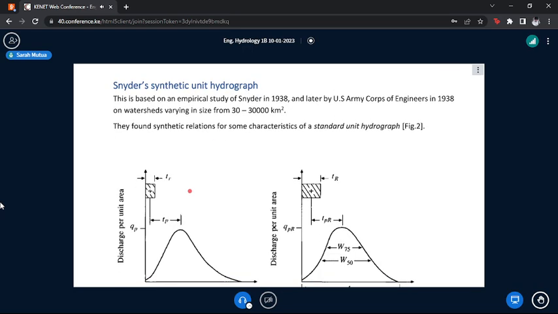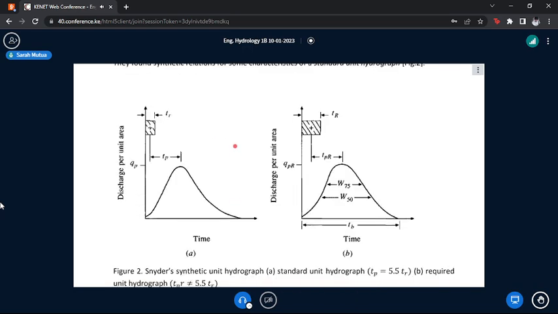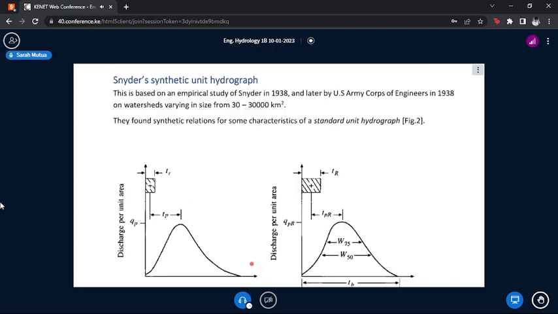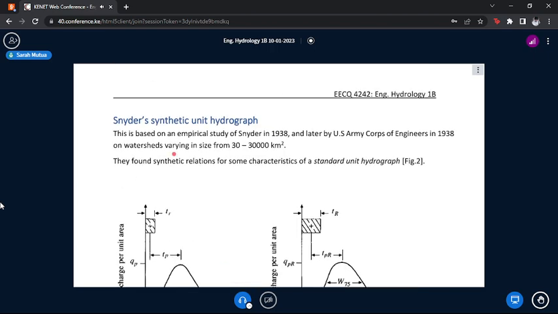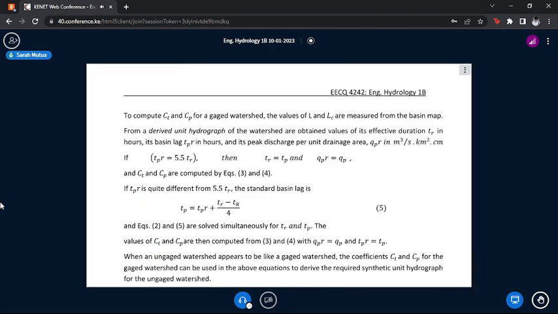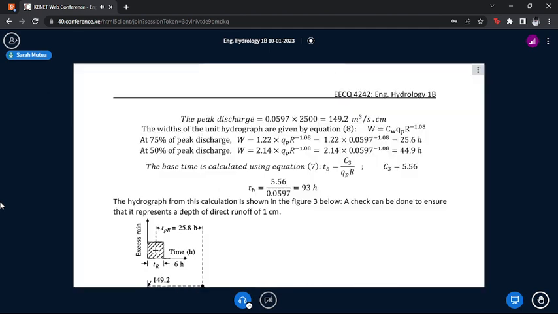One of them is Snyder's unit hydrograph, and the other one is the SCS dimensionless unit hydrograph. Did I do it? Yes, we only have Snyder's and then the SCS dimensionless unit hydrograph. Let me see it.